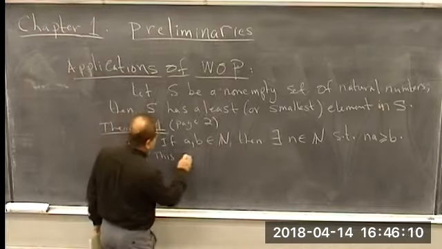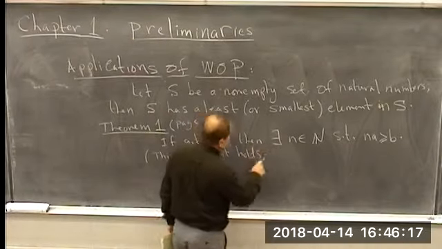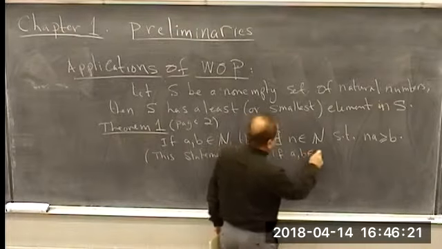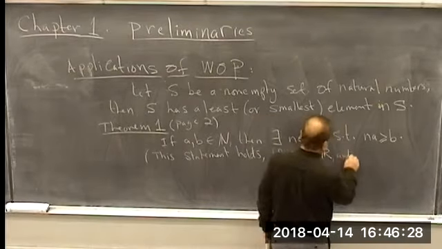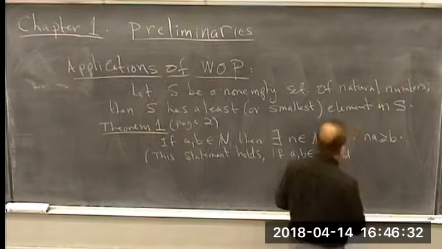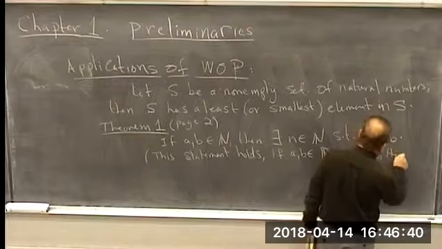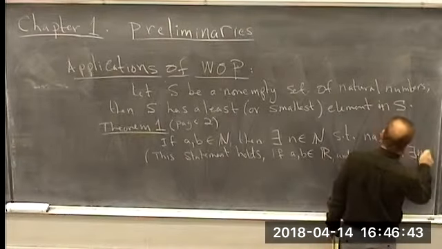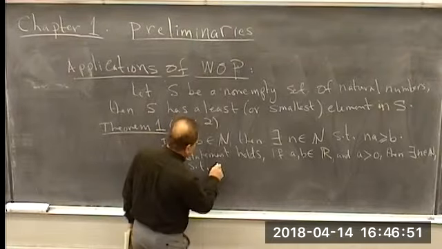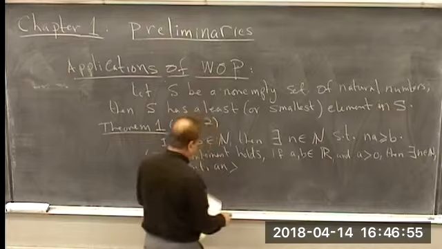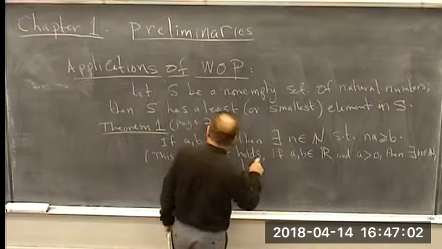This statement holds if A, B are real numbers and A is bigger than 0, meaning positive, then again there exists a natural number n such that An is strictly bigger than B. All right.